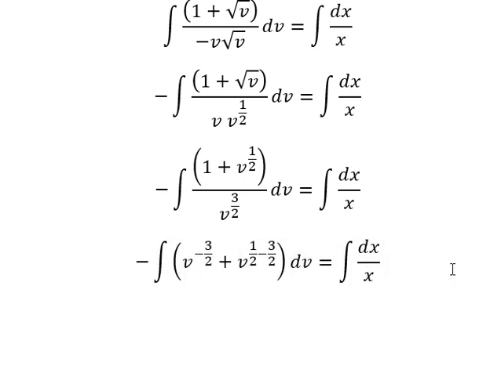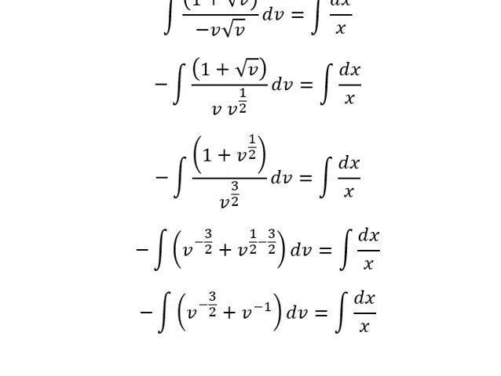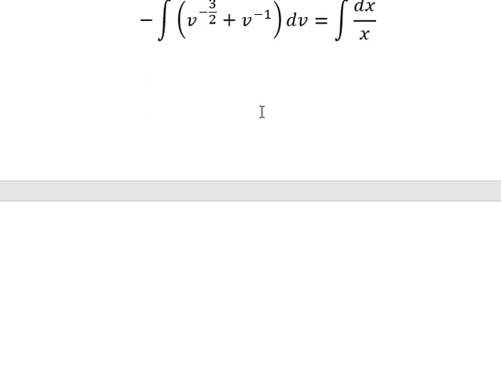So this one we have negative number 1. And now we have the formula of this one in here.